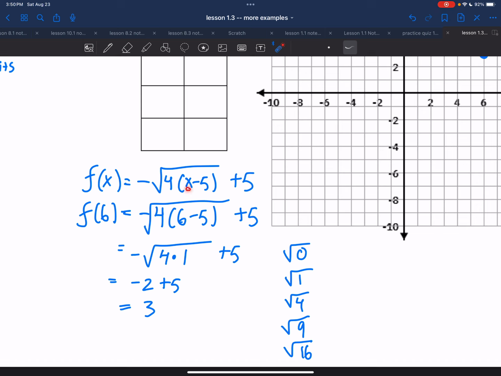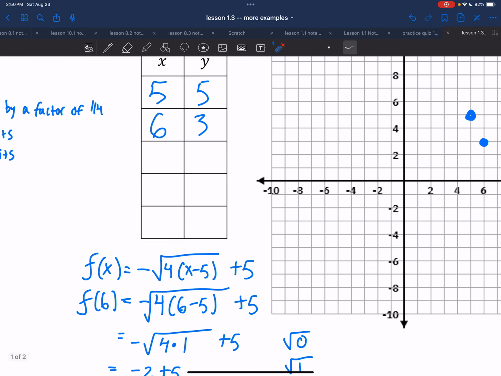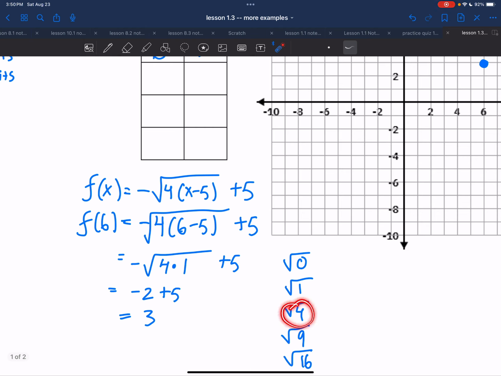If I plug in 5, 5 minus 5 is 0, so that would get you the square root of 0 happening, but we already have 5. And 6 helped us get the square root of 4. So you have to think, I could maybe get square root of 1, but that would involve a fraction. I don't know if we want to do that. Maybe square root of 16, because that's an even number, right?